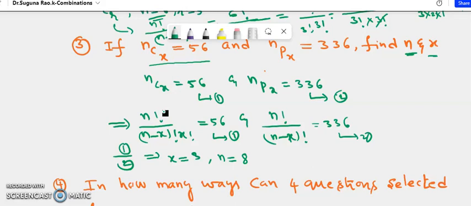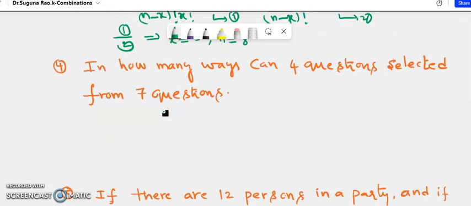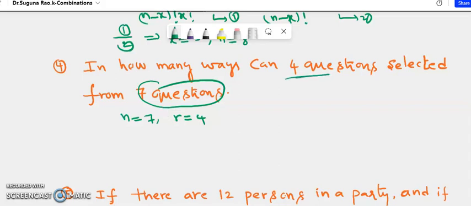Next problem. In how many ways can 4 questions be selected from 7 questions? Here, to solve this problem, we choose n equals 7 and r equals 4. Why? Because here total questions are 7, that's why we take n as 7 and we can select 4 questions, that's why here r value is 4.